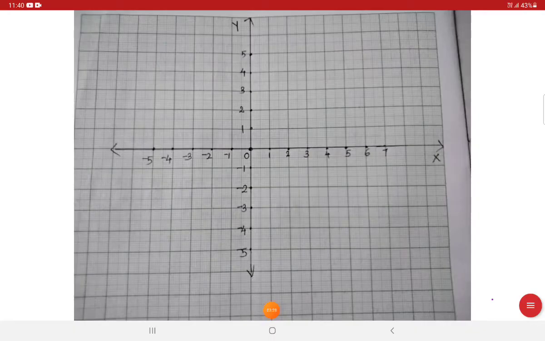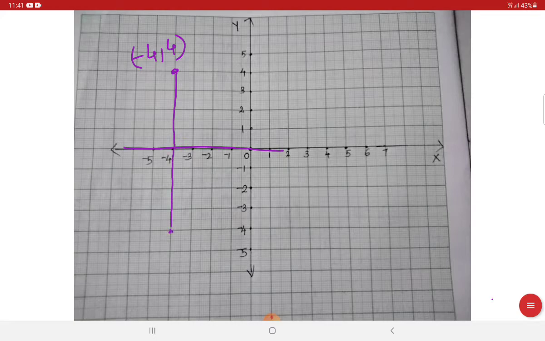Now let us consider a point in the second quadrant. We can take the point (-4, 4). Then its mirror image about the x-axis is below the x-axis. It is 4 units above, so the mirror image will be 4 units below.